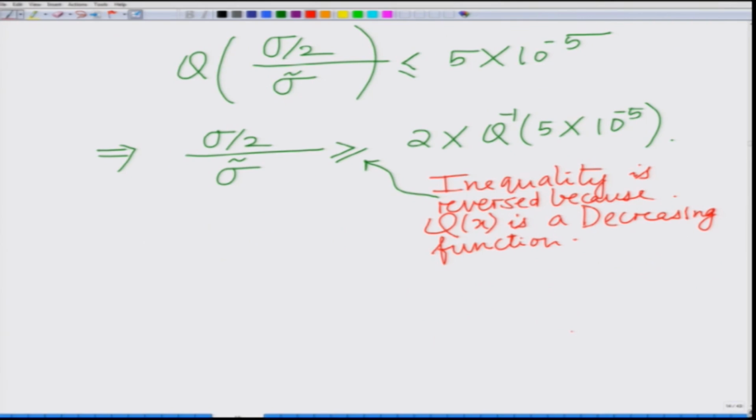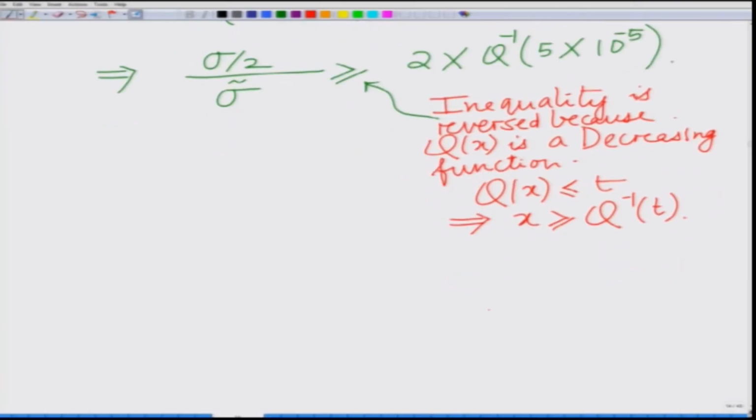Therefore, Q of x less than or equal to t implies x must be greater than or equal to Q inverse of t. That is the principle that we have used, because Q of x is a decreasing function. That is why when you take the Q inverse to the other side, the inequality gets reversed. Okay. So, that implies, sorry, this 2 will not be here because we are taking this 2 to the other side.